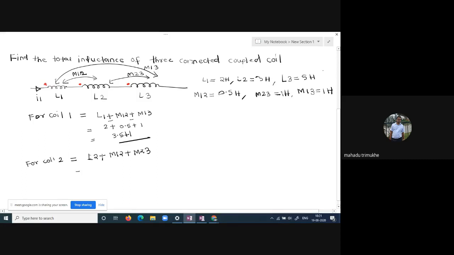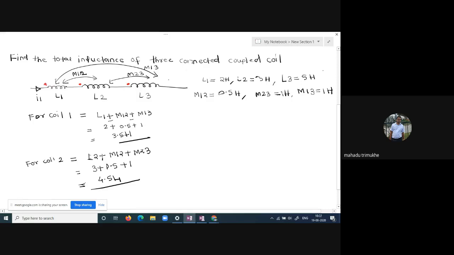What is L2? L2 is 3, plus M12 is 0.5, and M23 is 1. So the equivalent inductance for coil 2 is 4.5 Henry, right?